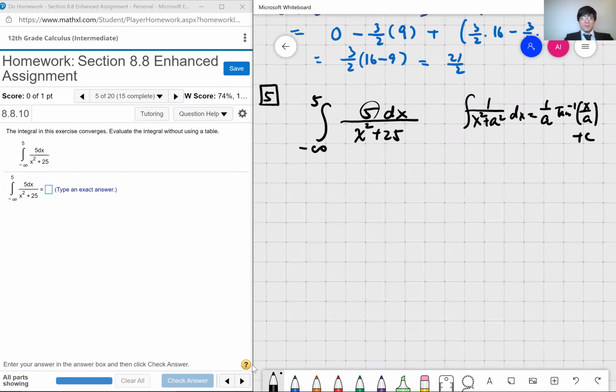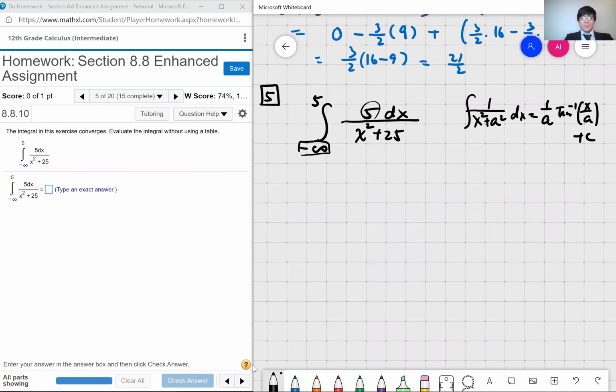Okay, so here is an improper integral of type 1. This is well defined everywhere because the denominator will never become 0. So this is just a type 1 improper integral. So let's say it's going to be the integral from a to 5 of this, where a is approaching negative infinity.